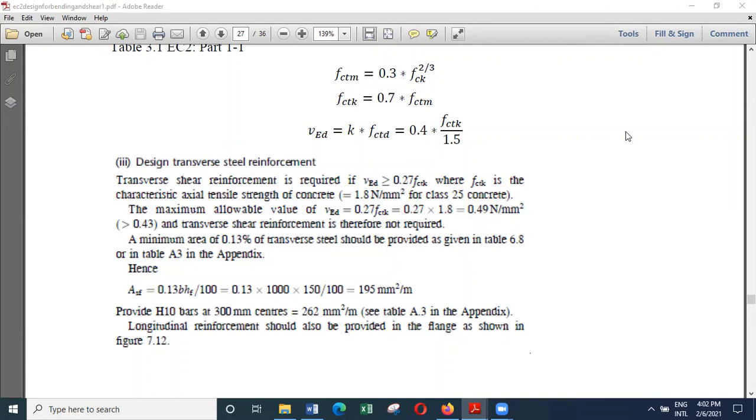So when we provide reinforcement in a slab, we get the bottom reinforcement continuing over to the beam, and we have the top reinforcement to resist the hogging moment. So you have two mats. Because of that, this failure is very remote. So that's why in the BS code it was not particularly highlighted.